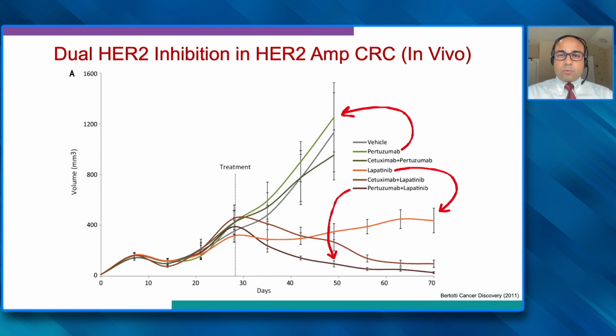So this PDX shows you that when you have HER2 amplification, you do not respond to anti-EGFR agents. But when you give somebody dual anti-HER2 inhibition, so two anti-HER2 drugs, that's when you get the maximum bang for buck. And this has important clinical implication as compared to breast cancer and gastric cancer, where single agent anti-HER2 therapy is quite effective.